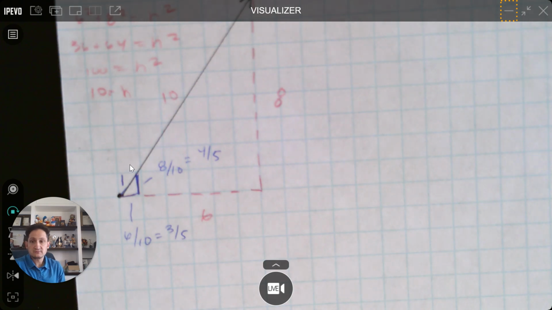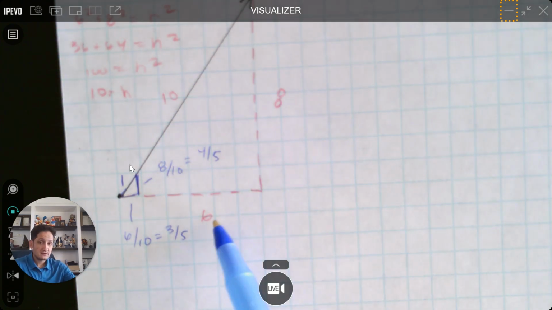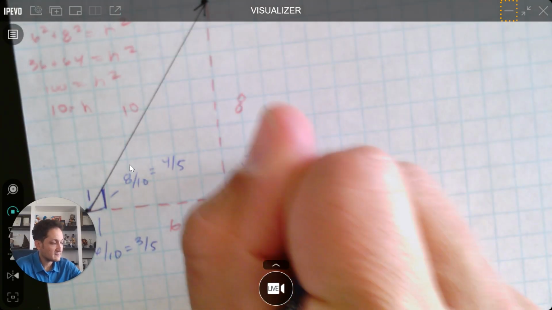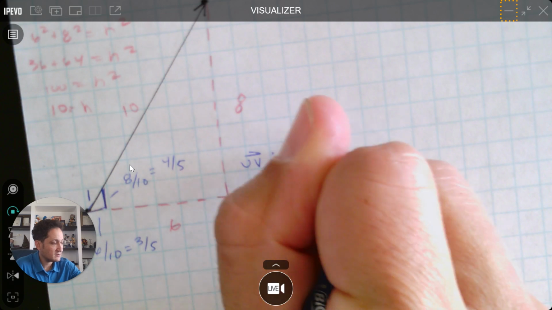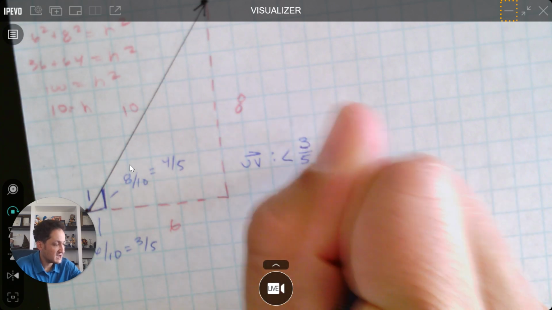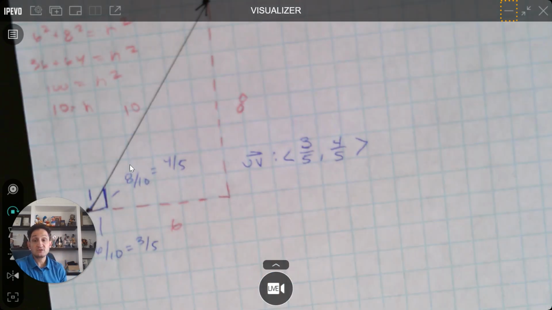But take the components and divide by your magnitude. So my unit vector, we'll say UV, is going to be 3/5, 4/5. So that's my unit vector.